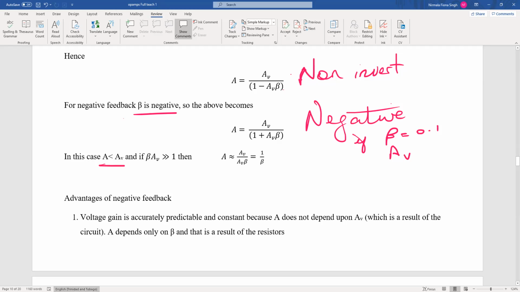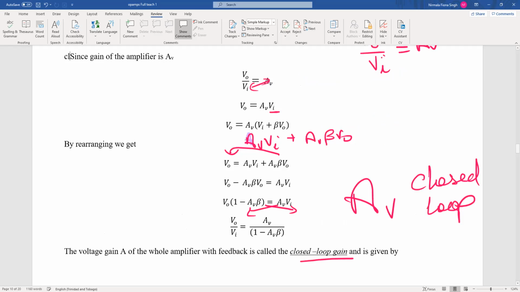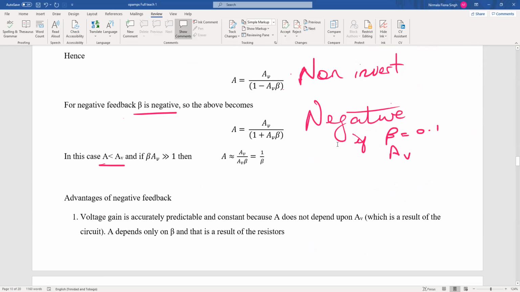All right, and suppose I say that my closed loop gain is equal to 1. Let's see how much my gain will be.